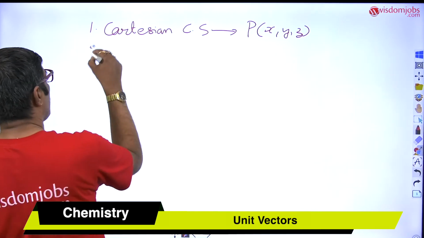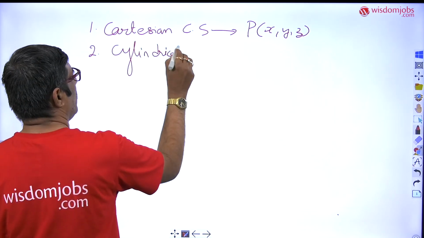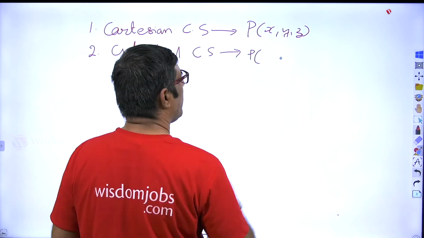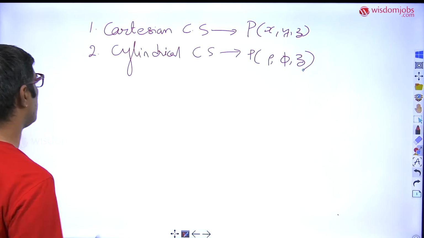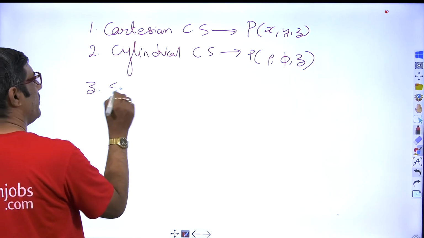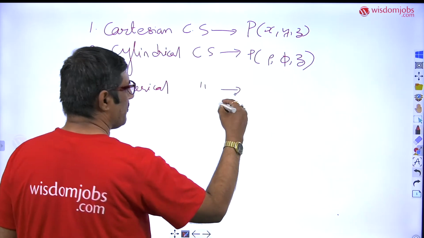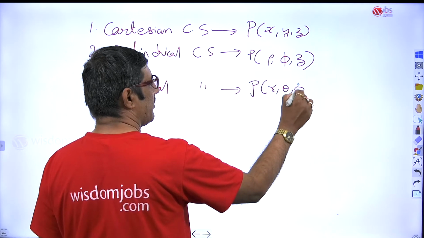Next, the second coordinate system is the cylindrical coordinate system, expressed as P of rho, phi and z. Similarly, the third coordinate system is the spherical coordinate system, in which a point is expressed as r, theta and phi.